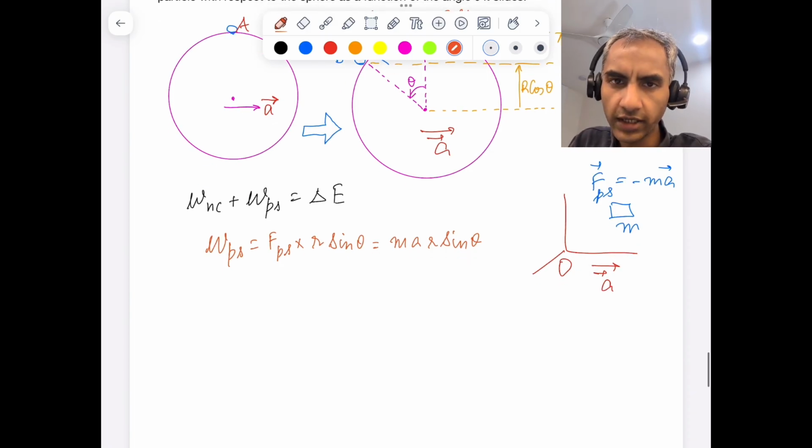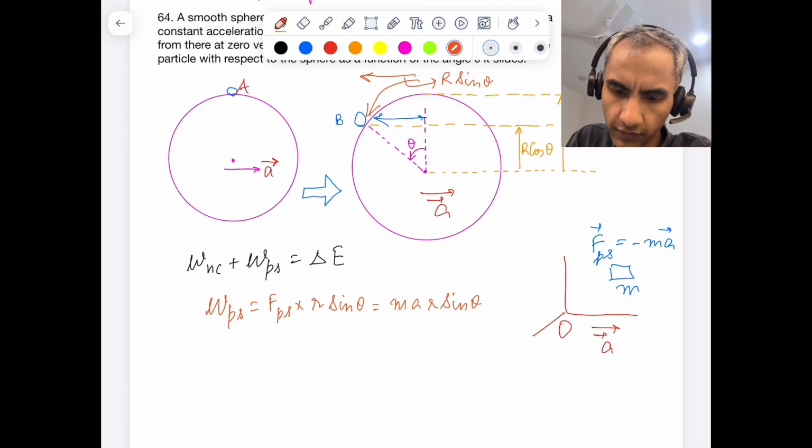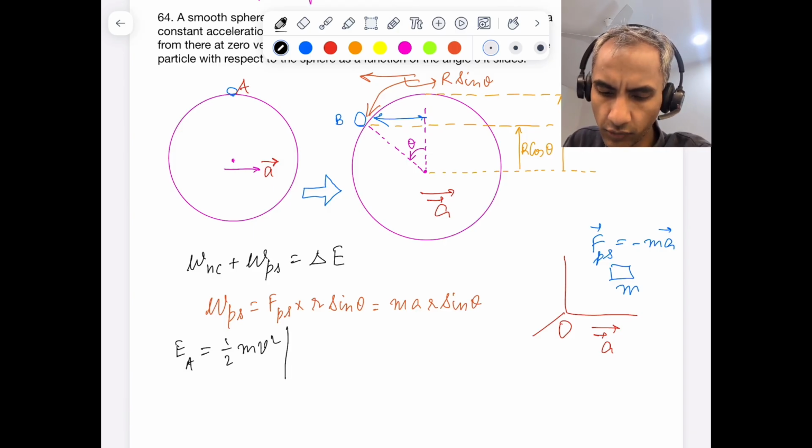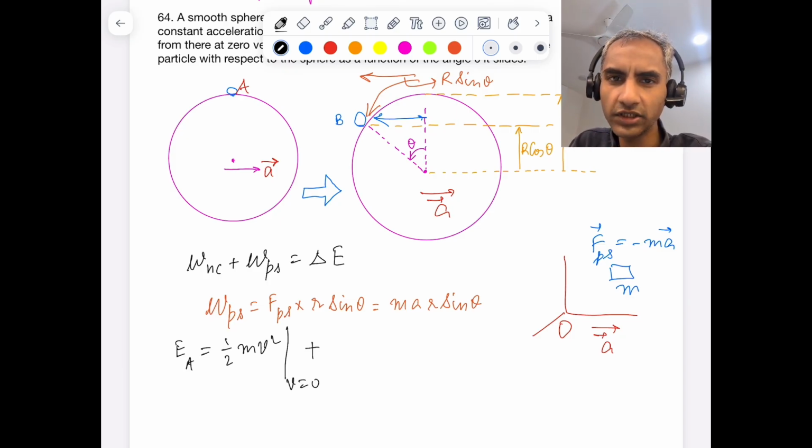So then, what about the right side of this equation? So we have E_A and E_B. E_A is equal to half m v square. Of course, at the initial position, when the particle is at the top of the sphere, the velocity is zero, right? Plus, now, of course, we have to define the potential at some point, with respect to which we then calculate the gravitational potential, right?